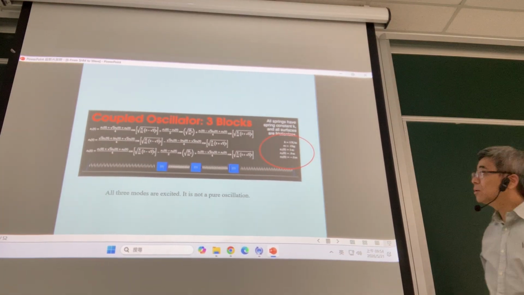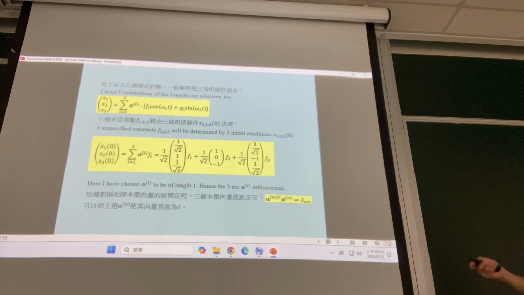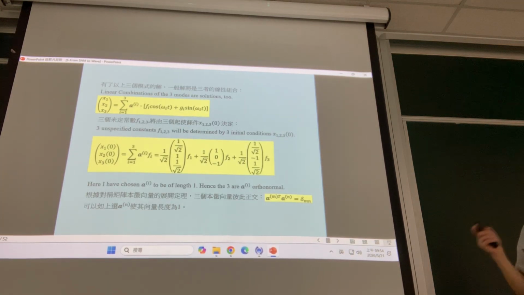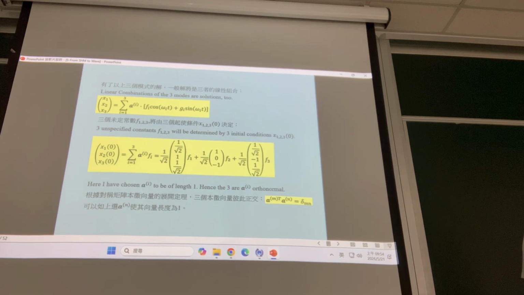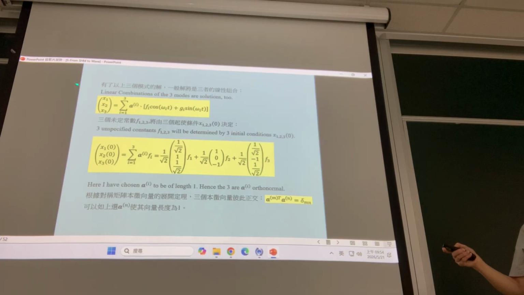Okay, so the bottom line is that if we have a 3 oscillating mode solution, by taking the linear combination, you can form a general solution.